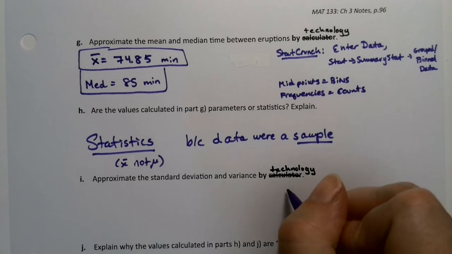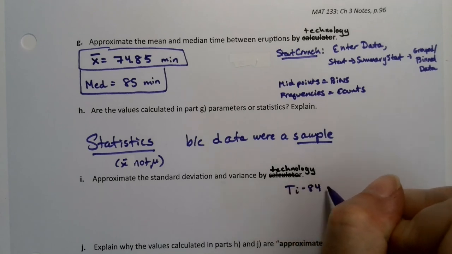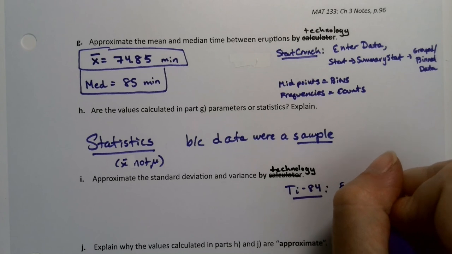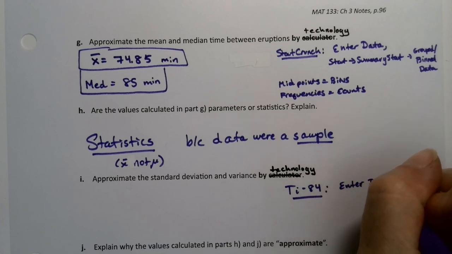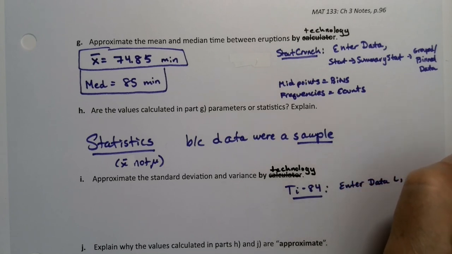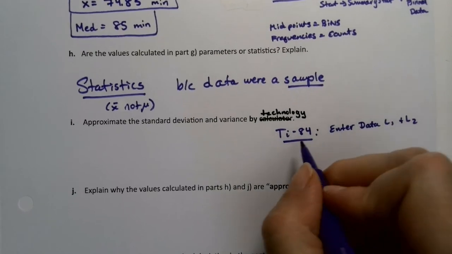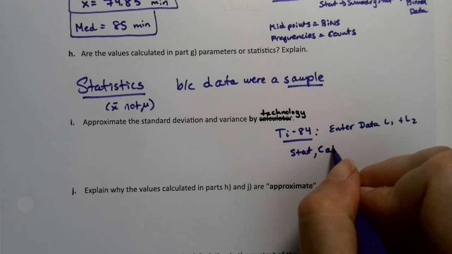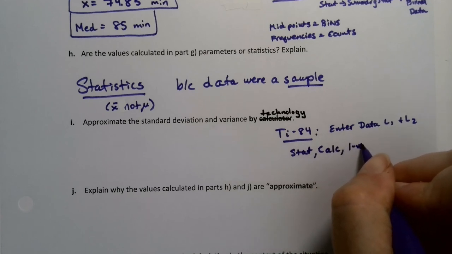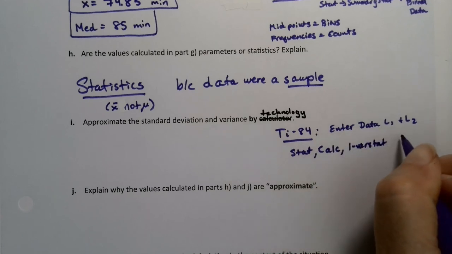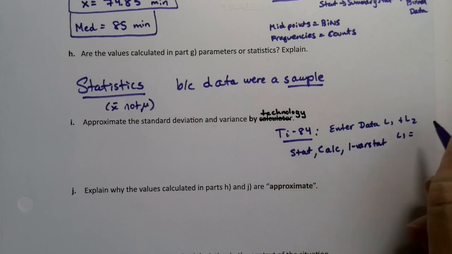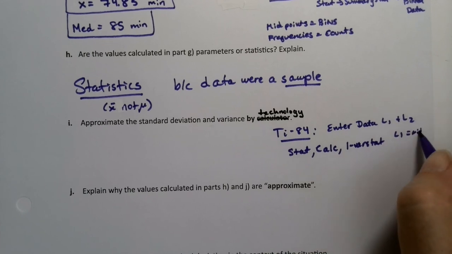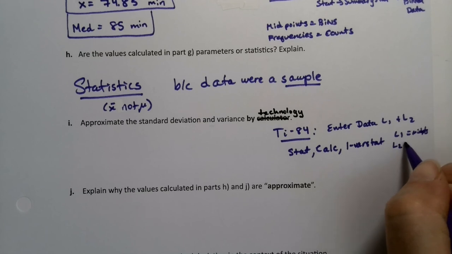If you're doing it in the calculator, I'll write it down here because it's the same idea. You would enter the data, right, in L1 and L2. And then you would go to stat, calc, one variable stat, and you want to get your freq on. You have L1 equals the midpoints, and L2 is the frequency, right? You want to use that as your frequency list.